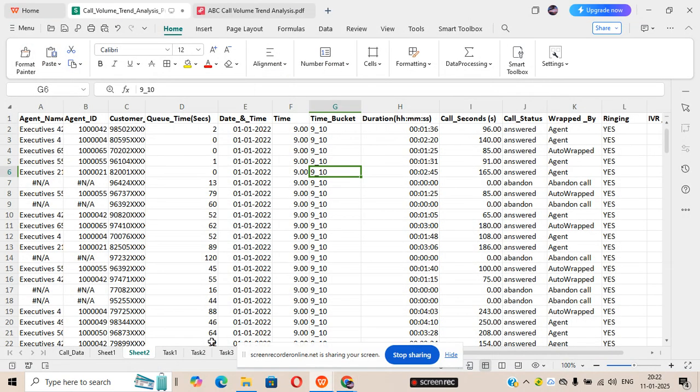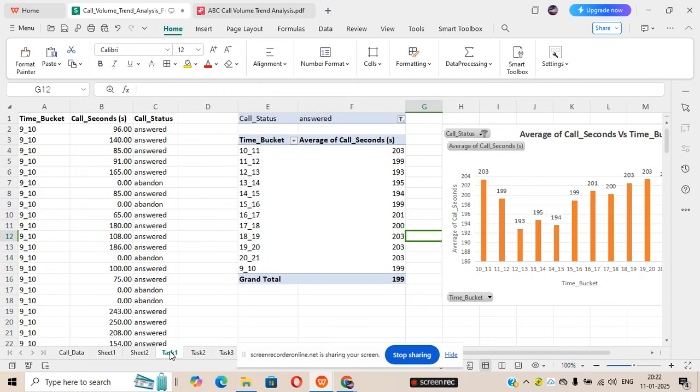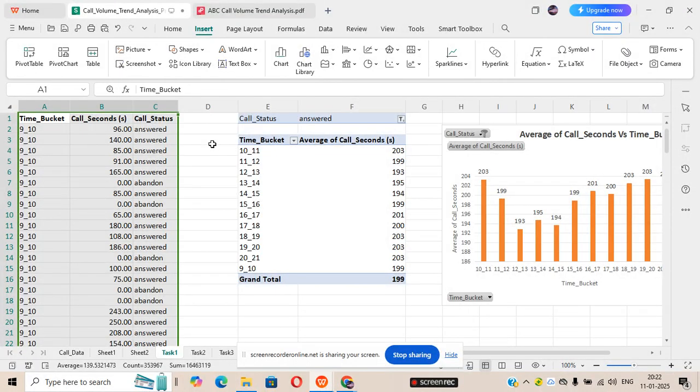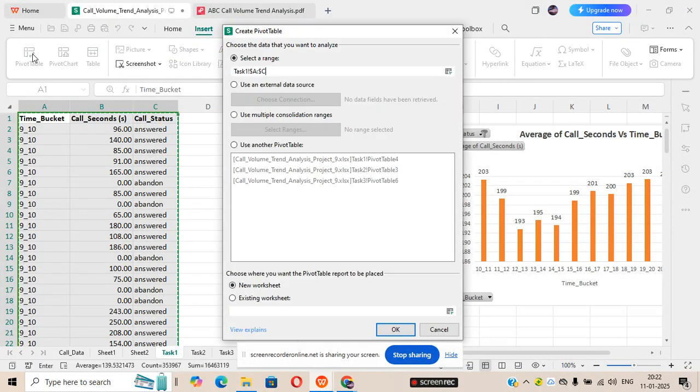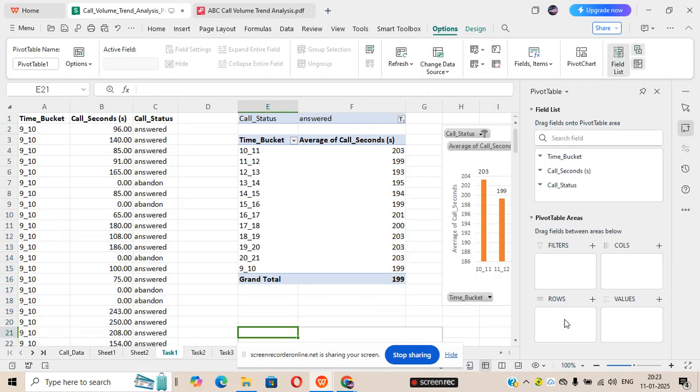So moving to task one, I have taken the time bucket, call seconds and call status columns, and created a pivot table for it, in an existing worksheet.